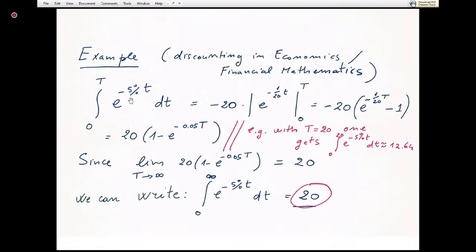A typical expression for this discount factor is the exponential of minus some interest rate, this is 0.05 for instance, times t. What is the meaning of multiplying this 1 by this factor? The meaning is that if this 1 euro is available immediately, it has to be multiplied by 1. So its present value is the same as its nominal value, okay?